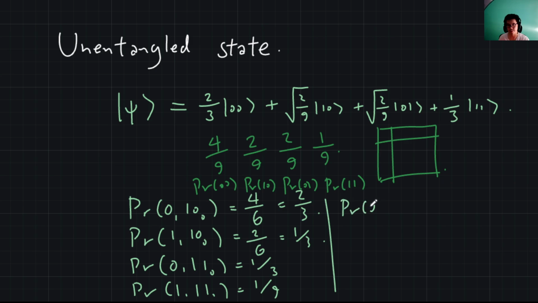Probability of 0 in the 0th qubit, probability of 01, it is equal to this. So it's going to be just marginalize that.